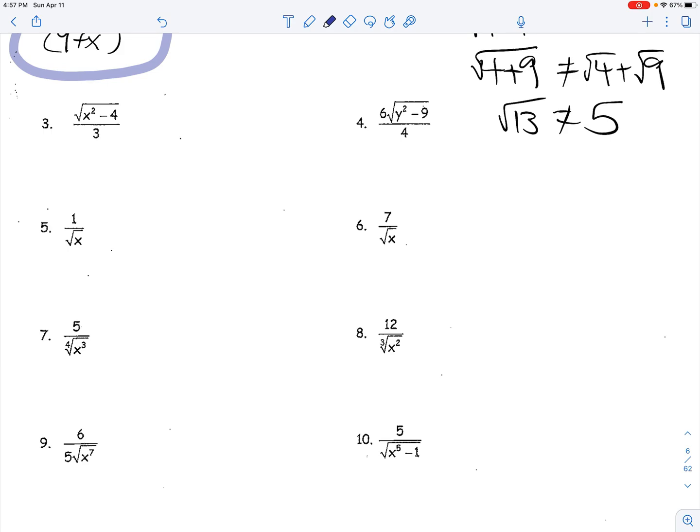Let's do number 4. We'll move around a little bit. Number 4 is 6 times the square root of y squared minus 9, once again the second root raised to the power of 1, all over 4.